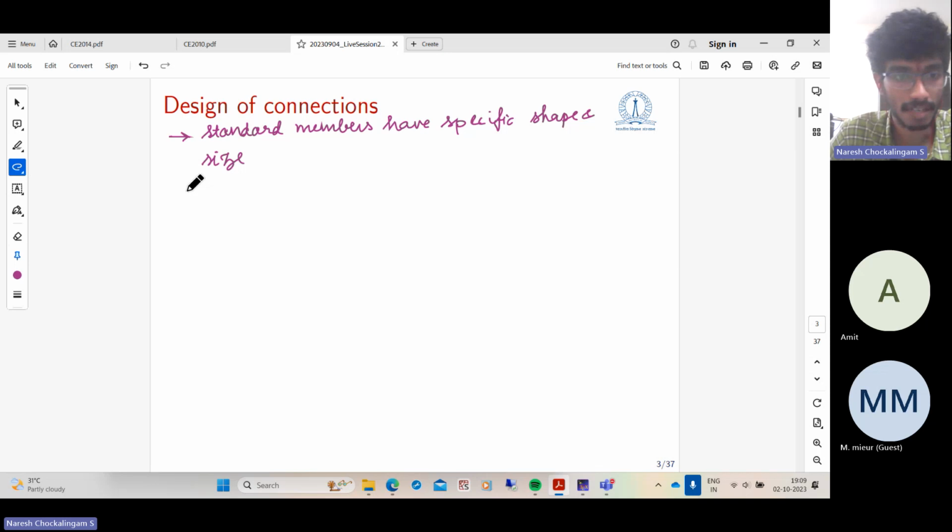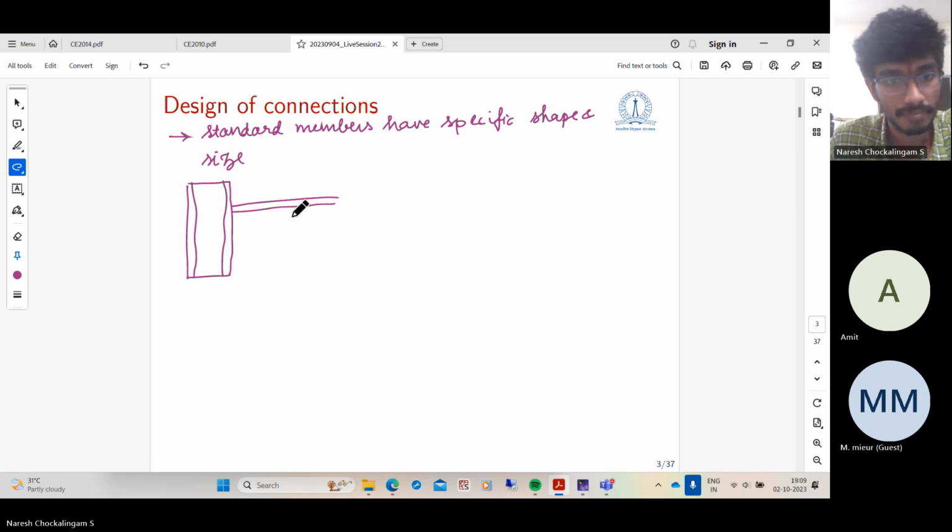You may have to connect, for example, a column, which is an I section, and you may want to connect it with a beam. Suppose this connection is to be designed as a simply supported connection, which doesn't resist any moment, a pin jointed connection, then you provide an angle cleat here, with an angle here, and bolt it.